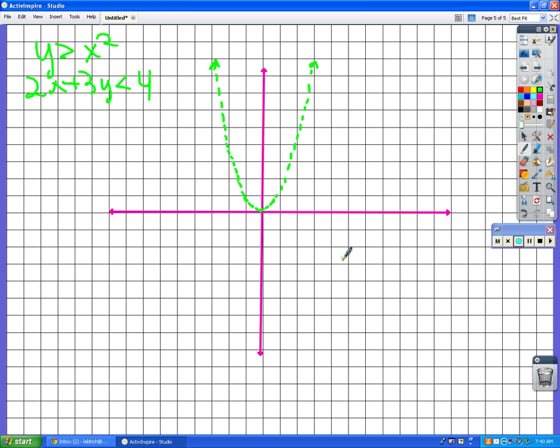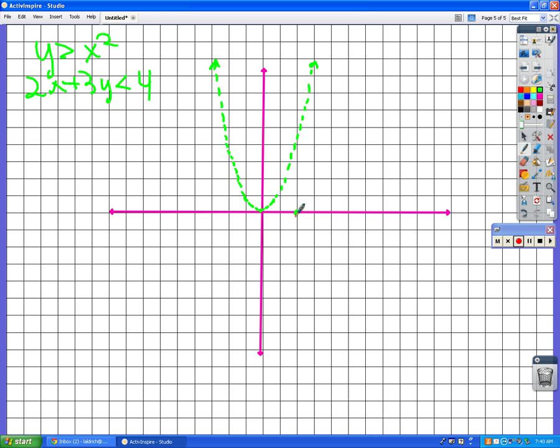Okay, 2x plus 3y is less than 4 is in a little different format than the other one that we graphed. Does anybody remember the double intercept way of graphing those things? I'll keep that as a no. So you could take that and solve it for y. Or you can go like this. If I cover up the y, 2x equals 4 means it crosses the x-axis at 2, because 4 divided by 2 is 2.